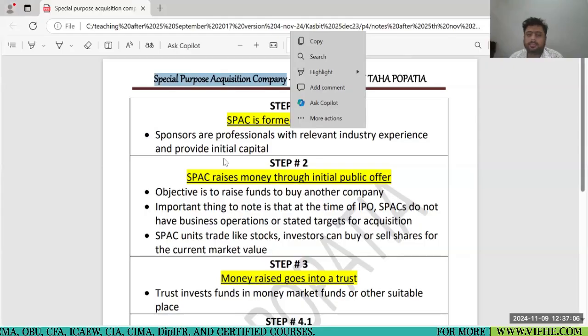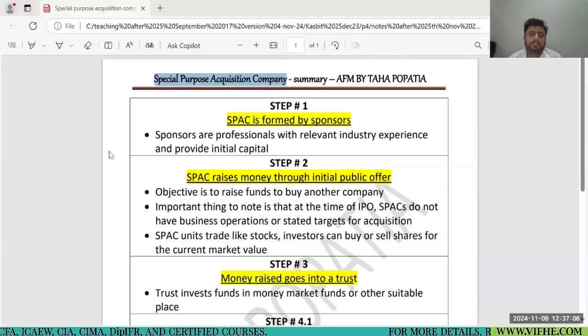So what are the steps? Step number 1, a SPAC is formed by sponsors. Sponsors are professionals with relevant industry experience who provide initial capital. So for example, let's say we talk about the pharmaceutical industry. Some doctors gather together, they arrange some funds, a good handsome amount.